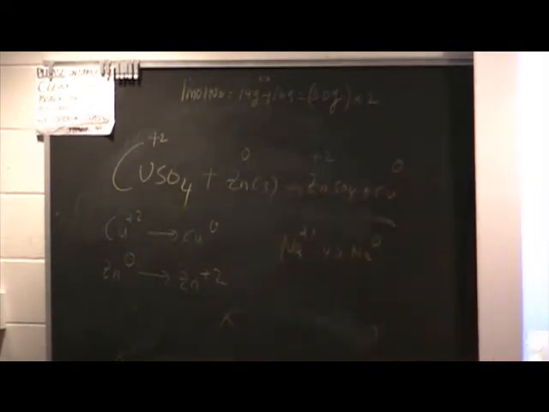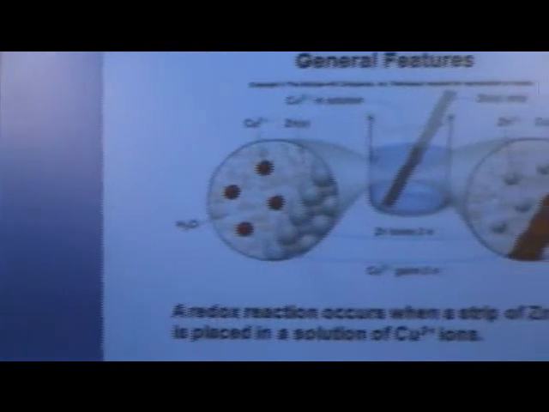Does that make sense? Because copper gains electrons, is copper oxidized or reduced? Copper gains electrons. Reduced. Copper takes a process of reduction. Because zinc lost electrons, zinc was 0 here, zinc becomes +2. What happened? Oxidized.